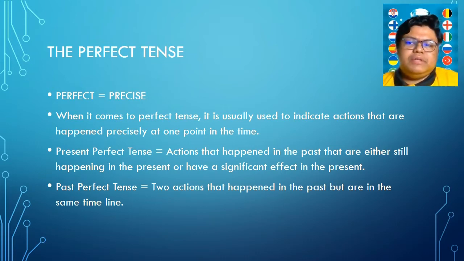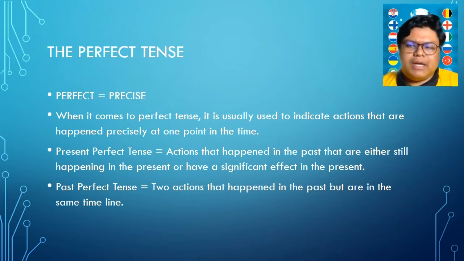Okay, so bila kita nak cakap tentang dua action, dua-dua berlaku in the past, but we want to talk about whether these actions berlaku sekali serentak ataupun dia berlaku before after one another, macam itulah. Okay, so that's why we use past perfect tense.